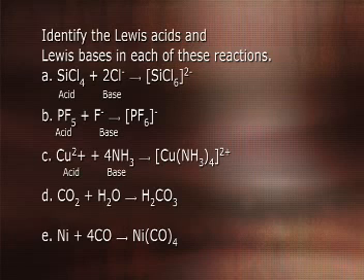For reaction C, copper 2+ is the Lewis acid and ammonia is the Lewis base. For reaction D, carbon dioxide is the Lewis acid and water is the Lewis base. For reaction E, nickel is the Lewis acid and carbon monoxide is the Lewis base.